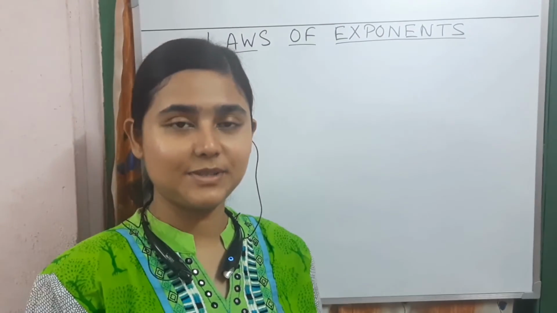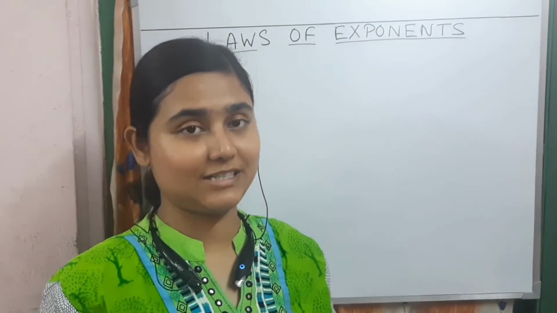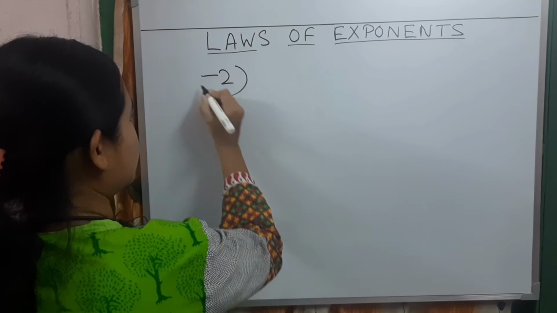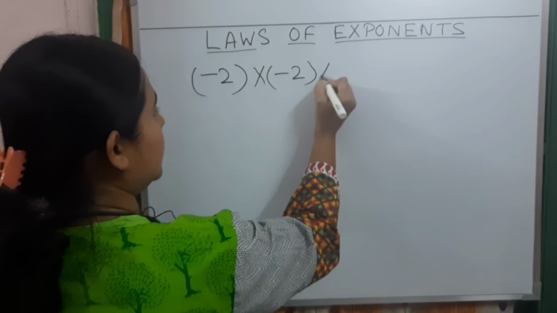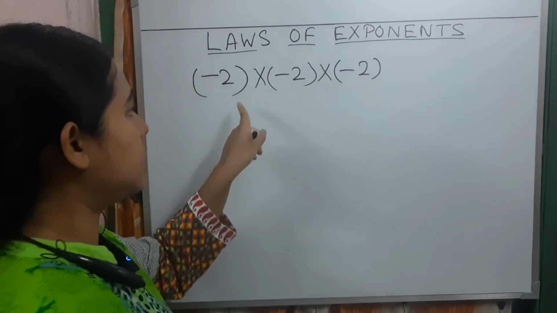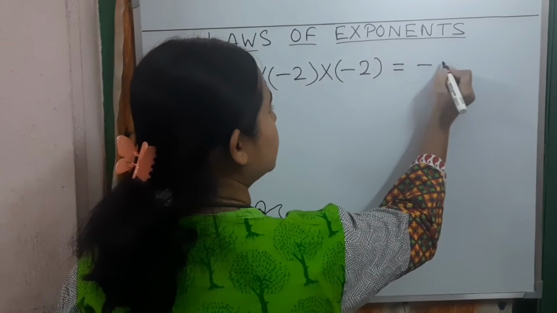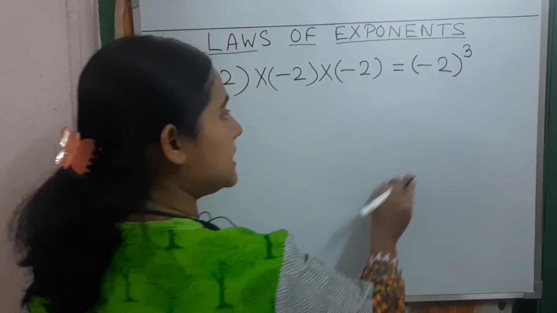Now come to the next part. If I give you a question like minus 2 into minus 2 into minus 2, then this will become minus 2 whole to the power 3.